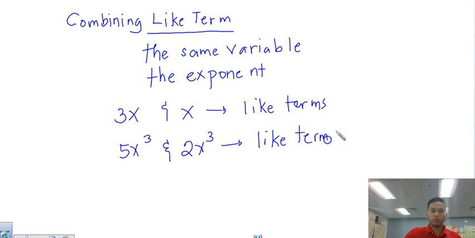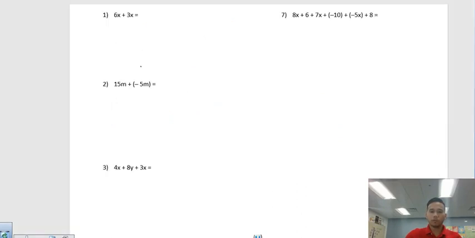So the only thing that you are looking at is their variable and the exponent. They need to be the same. All right. So as we go on, let's take a look at this example and perform the necessary operations that we have by combining like terms.